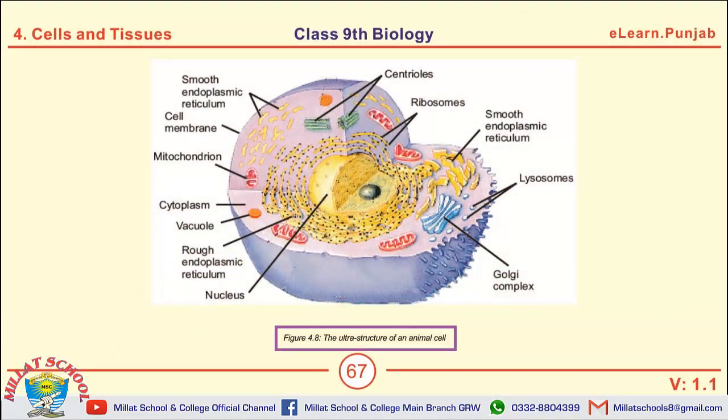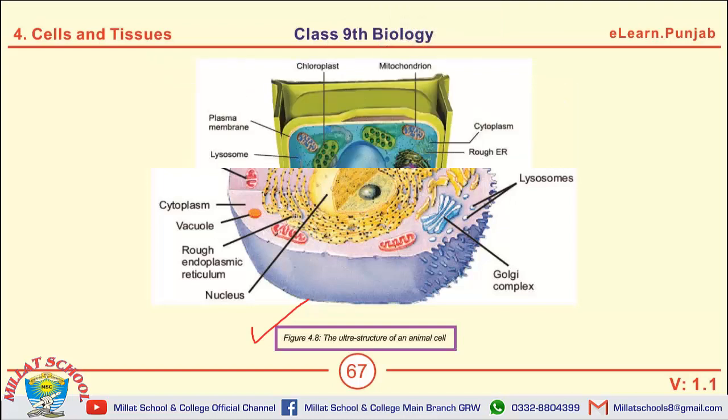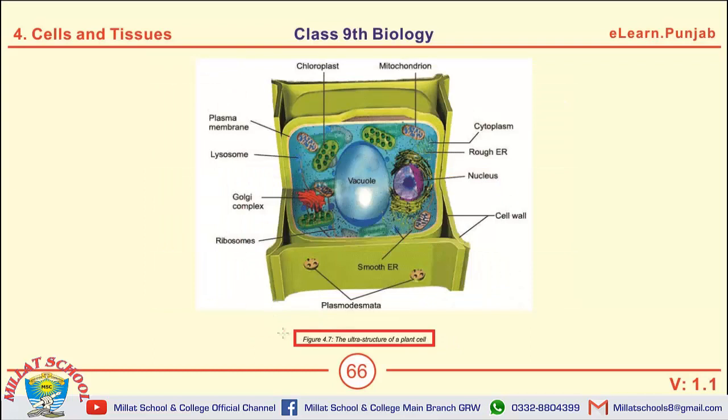On this page you can see the diagram of an animal cell. The question may be asked: draw the diagram of an animal cell. And here on this page you can see the diagram of a plant cell, and the question may be asked as: draw the diagram of the plant cell.